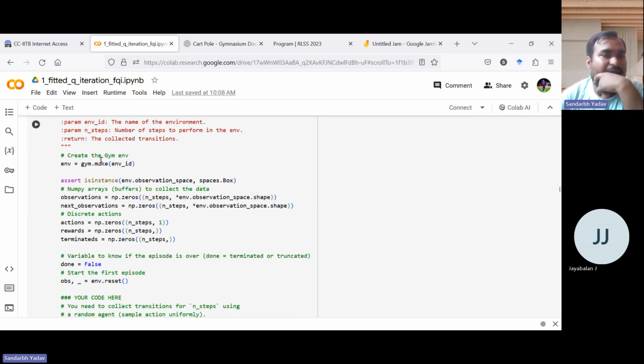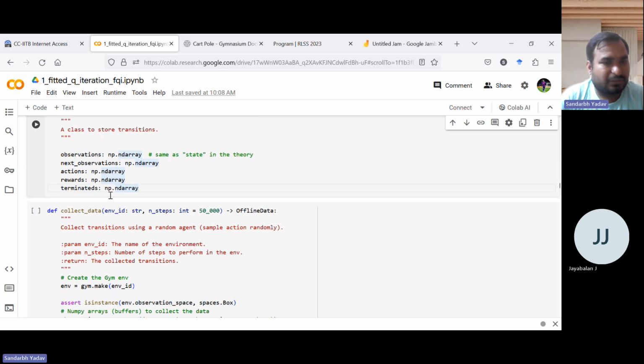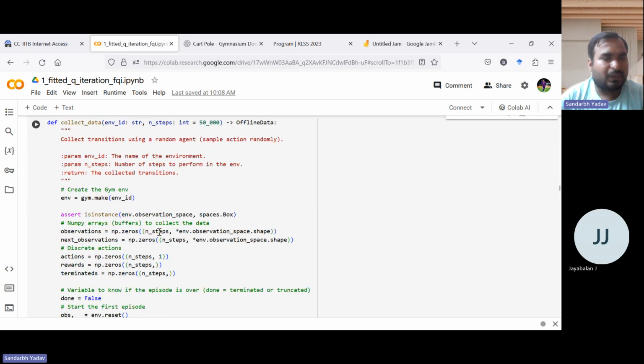So this is the environment. You have created this environment. Now this is what I was talking about, that initially you have these observations. These are arrays which will store these values. Initially they have initialized everything to zero, states zero, actions zero.